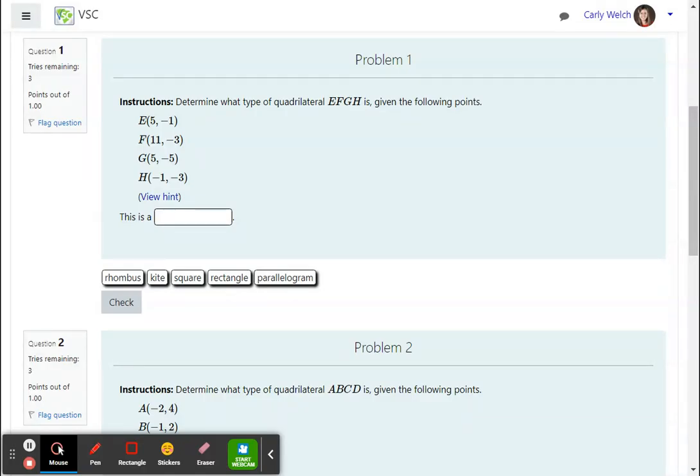So either way, it doesn't matter. The distance formula is x1 minus x2 squared plus y1 minus y2 squared. So for EF, I'm going to take 5 minus 11 squared, and then plus -1 minus -3 squared. I'm actually going to copy this whole formula for the next one.